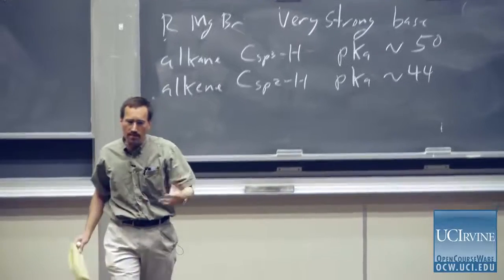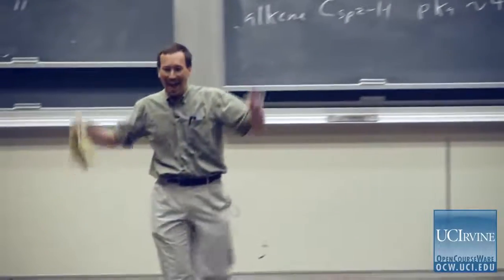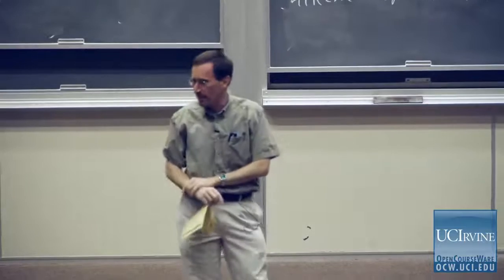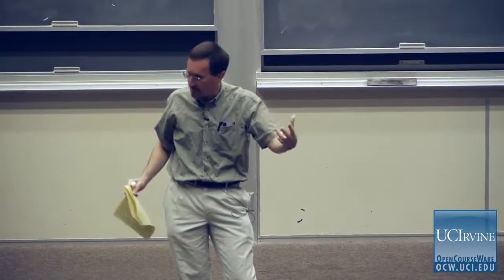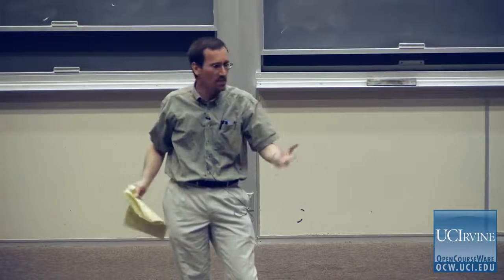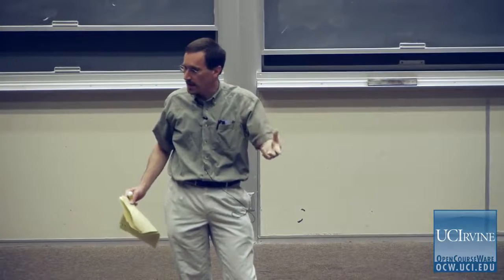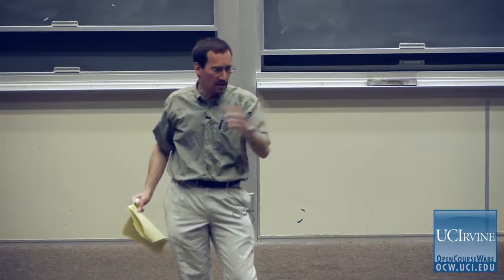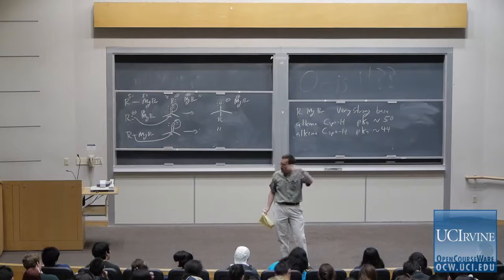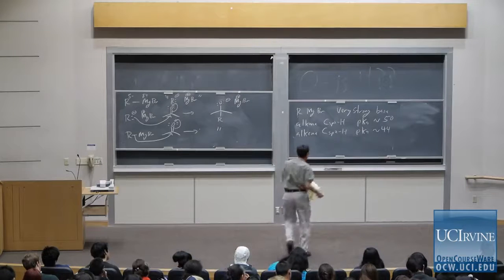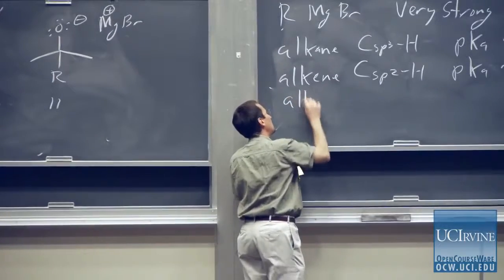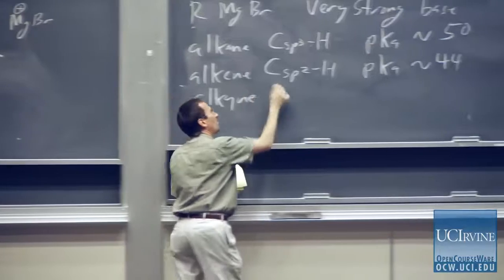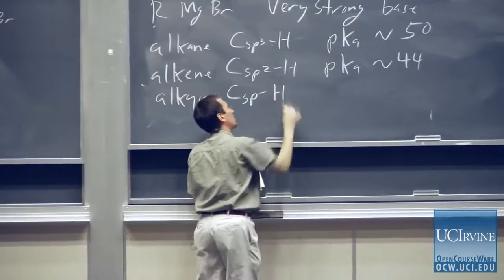These are all compounds I call very weak acids, and I usually put quotes around the word acid because you would not get any evidence of acidity from the compound, say dissolving it in water and testing it with a pH meter. And yet in a Lewis acid, Lewis base reaction, you can think of an alkene, say, as a proton donor under certain circumstances. Now, by the time you get to an alkyne, you've got 50% s character in your CH bond.